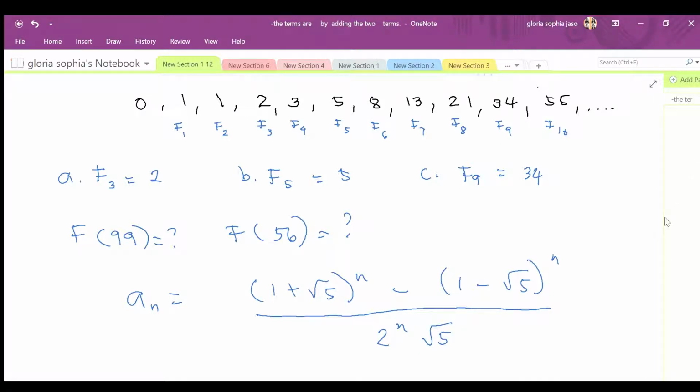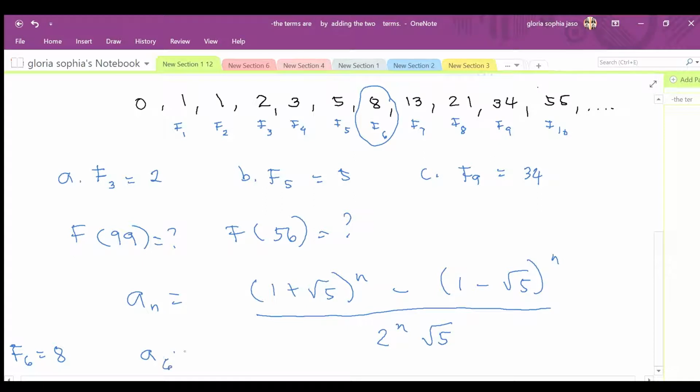So, let's check it, class, with the terms that we already got. Let's check it at f of 6. What is f sub 6 in our generated sequence? That's 8.